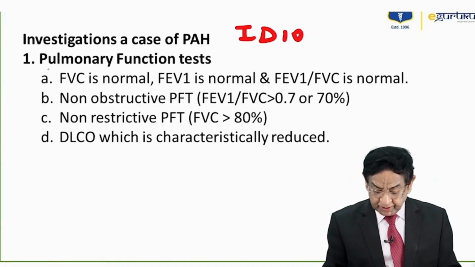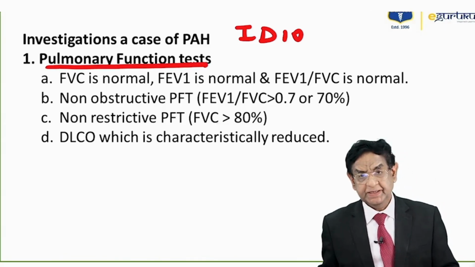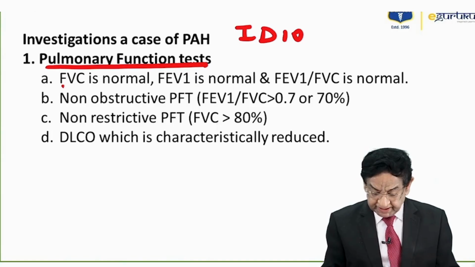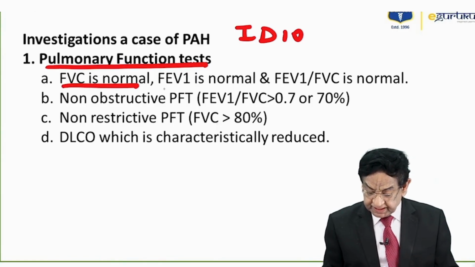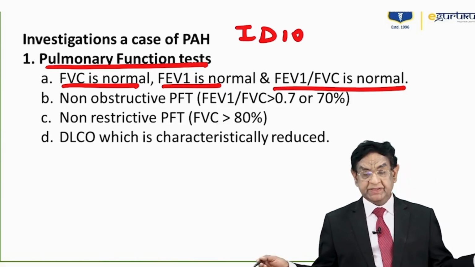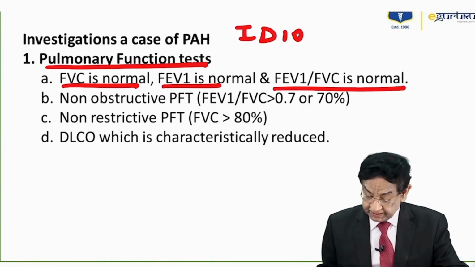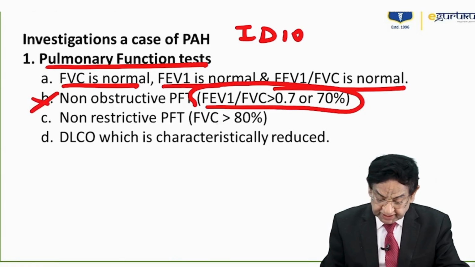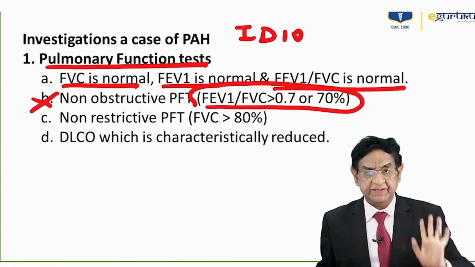Let's see what happened. Lung function test. The patient has come with exertional dyspnea and all this. FVC normal, FEV1 normal, ratio normal. Oh, everything is normal. Since the FEV1 ratio is normal, it is not an obstructive airway disease.